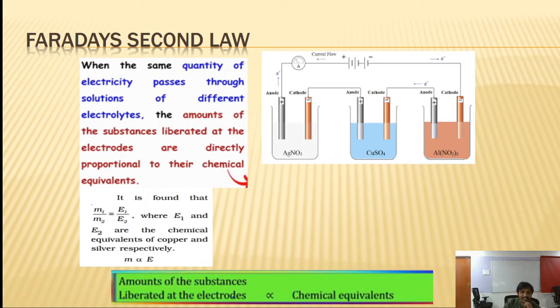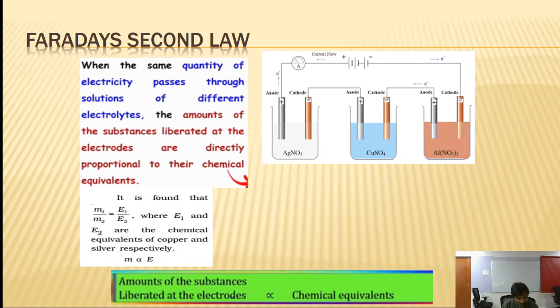Now, the next is Faraday's second law. Now, see here, according to Faraday's first law, the amount of substance deposited at the respective electrodes is directly proportional to the amount of current or charge supplied through the electrolytic solution.